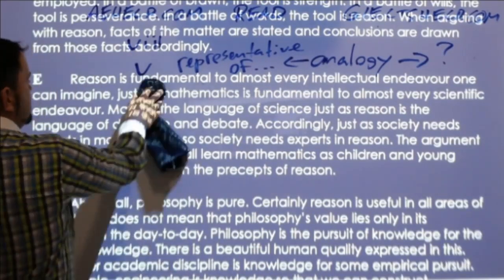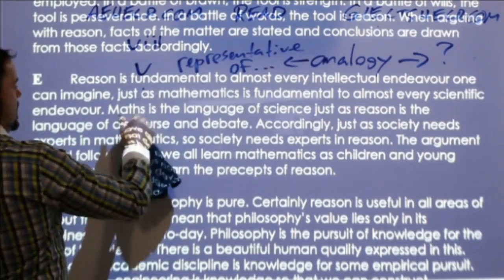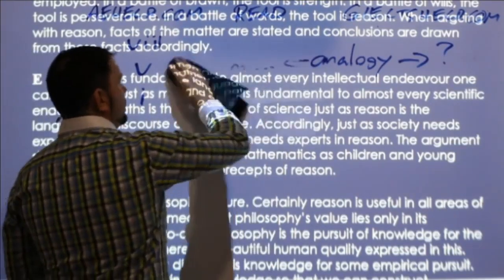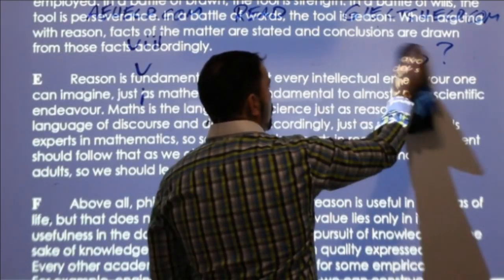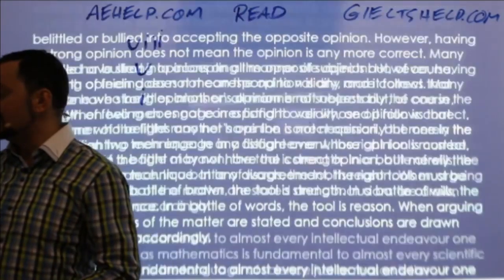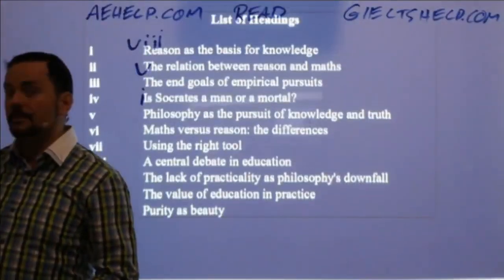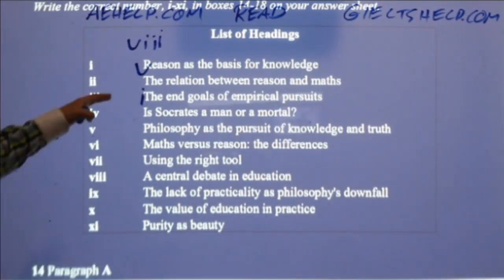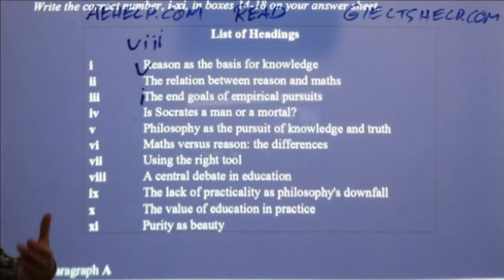So I would say this is an analogy of reasoning according to math, so the use of math. Okay, so let's see which of our choices best matches here. So which one of these is the closest match to similarities between math and reasoning, or analogy between math and reasoning, or an analogy of reasoning as math?